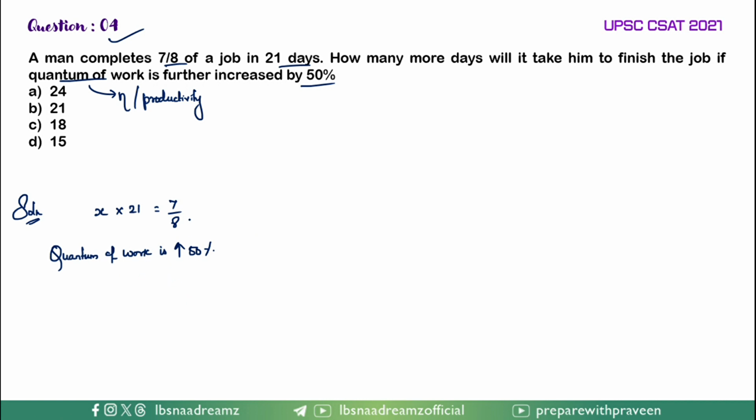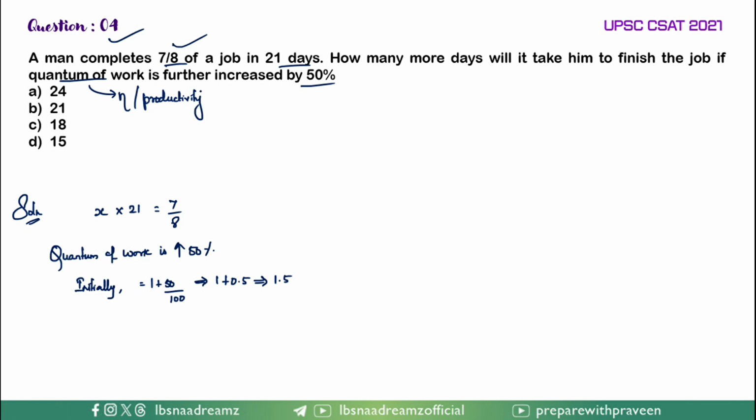So initially, let us take the productivity or efficiency is equal to 1. Now 50% is increasing. So we can tell this as 1 plus 0.5 is equal to 1.5.